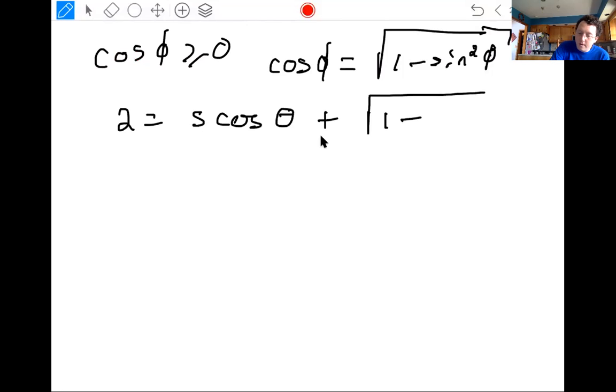But sine squared phi is nothing other than sine squared theta divided by s squared.